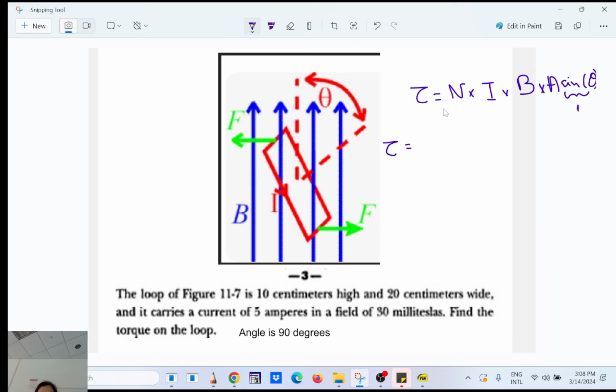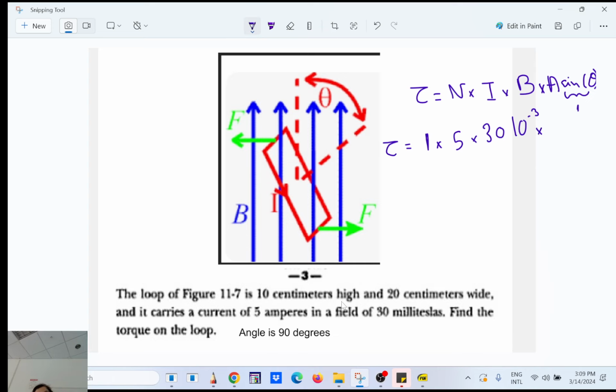So number of loops, it doesn't say, so I suppose it's 1, times the current is 5, times the magnetic field is 30 millitesla. So that's going to be 10 to the negative 3 times the area.